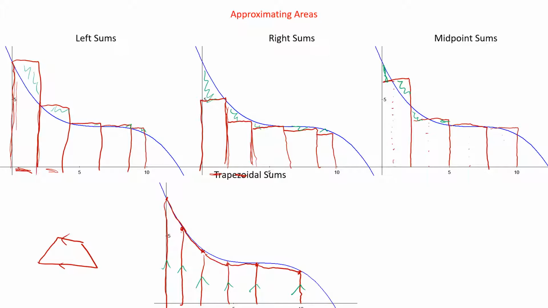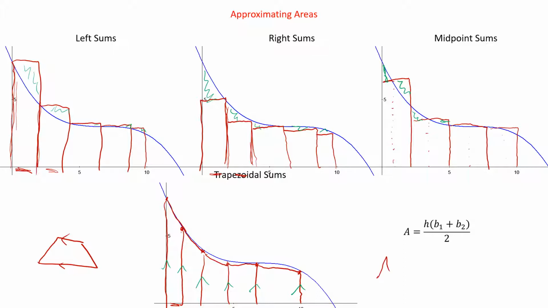But that's the trapezoids. So when we have the area formula for a trapezoid, which is 1/2 base 1 plus base 2 times height, or base 1 plus base 2 times height divided by 2, the bases are the y values. The height is actually the width of the rectangles. So it would be the change of x.